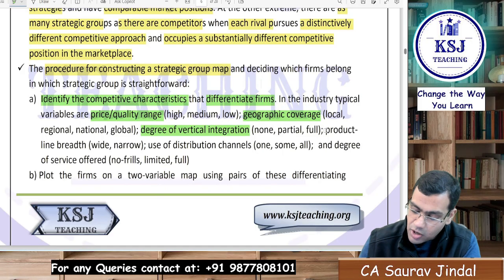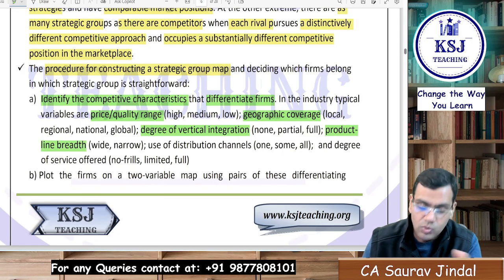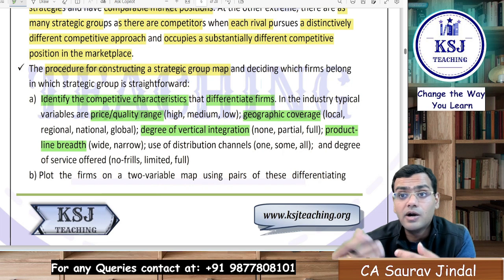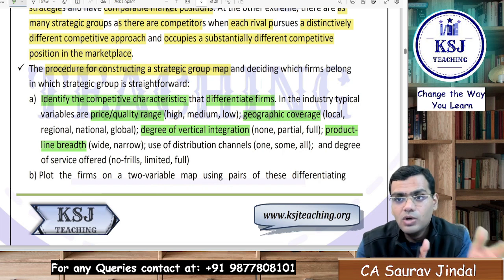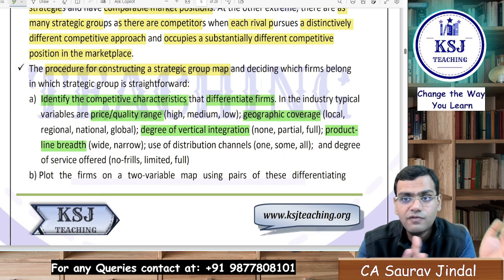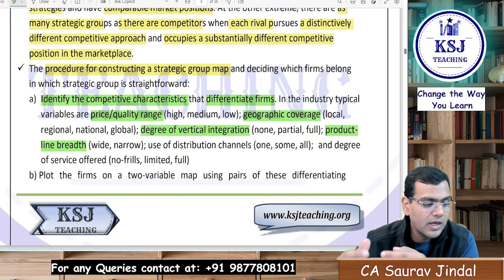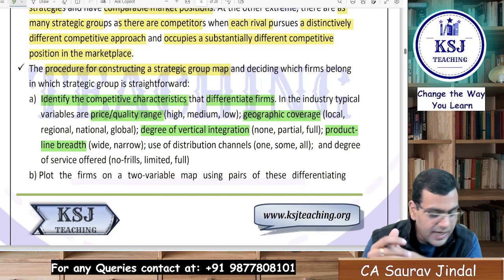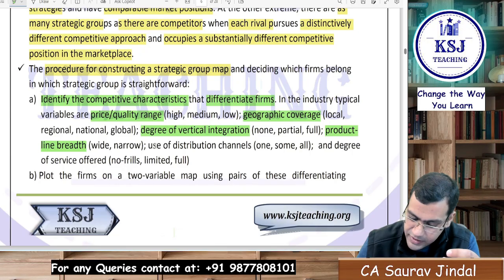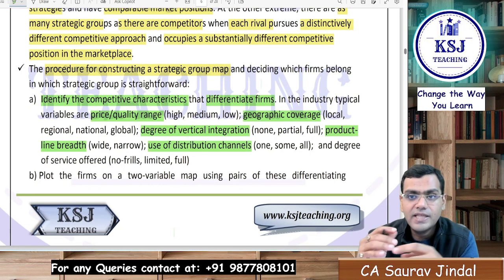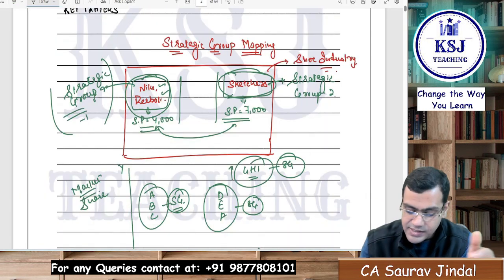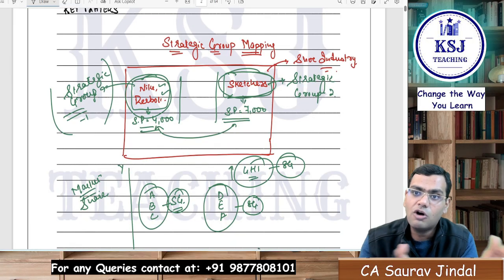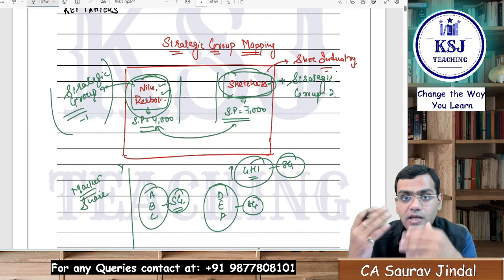Product line breadth is there, that is, what different types of products you are providing. You are providing only formal shoes, or you are providing formal and running shoes, right? Use of distribution channels: let's say Nike and Reebok are providing only offline, whereas Skechers is working online and offline.